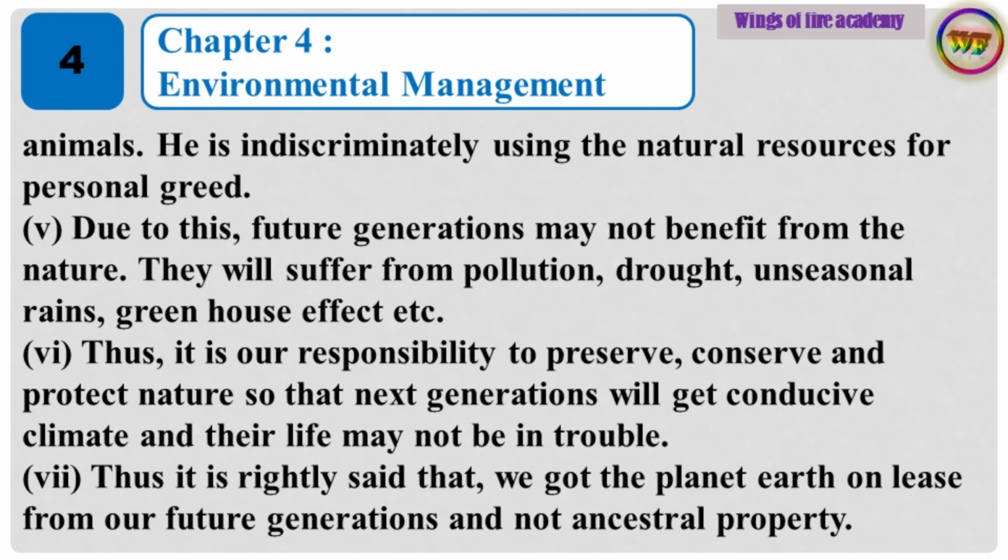Due to this, future generations may not benefit from nature. They will suffer from pollution, drought, unseasonal rains, greenhouse effect, etc. Point 6. Thus, it is our responsibility to preserve, conserve and protect nature so that the next generations will get a conducive climate and their life may not be in trouble.